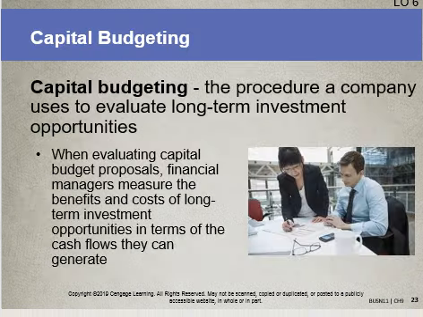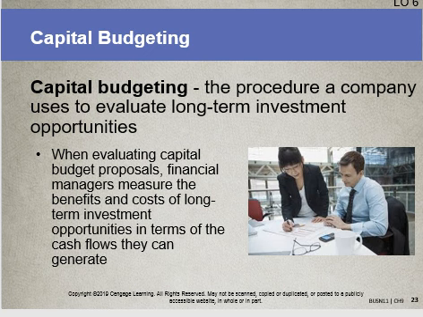All right. Let's take a look at capital budgeting. Now remember, capital is the stuff that you use to make your money. So during capital budgeting, a company is evaluating proposals from your managers related to buying resources that will help them make money for the company.